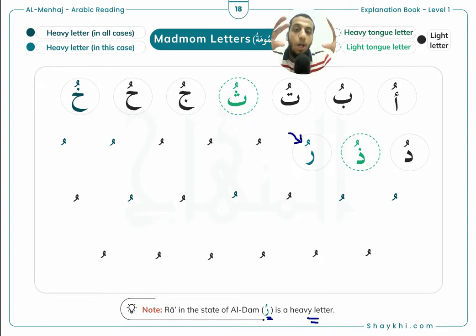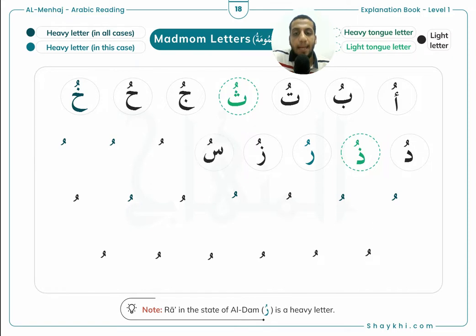So with regard to the harakat, a Ra has two states. Whether it's maftuh or madmoom, it will be heavy, or maksur, it will be light. Two cases. Ru, ru, it's a heavy one. Not ru, no, ru, ru.